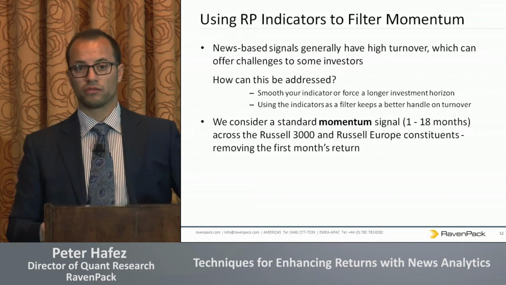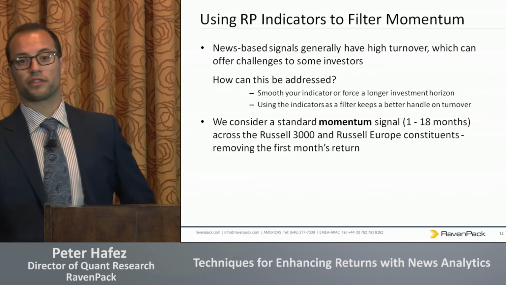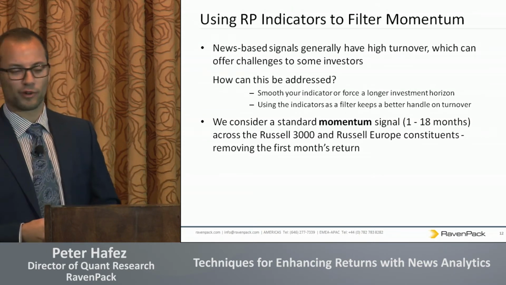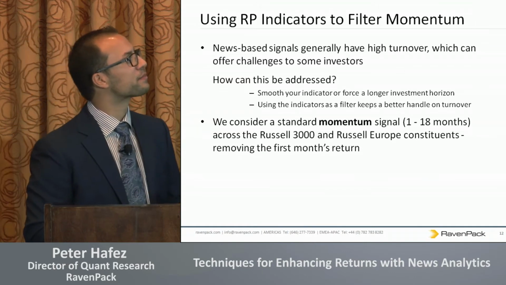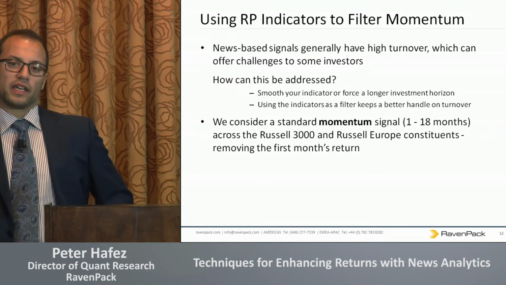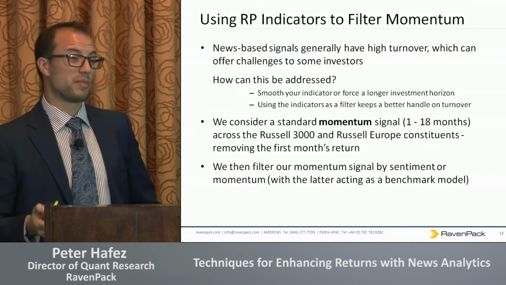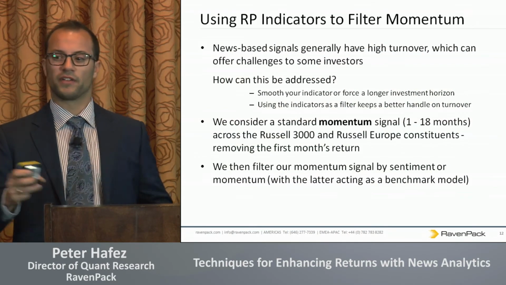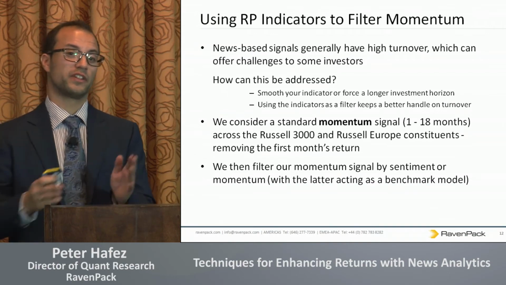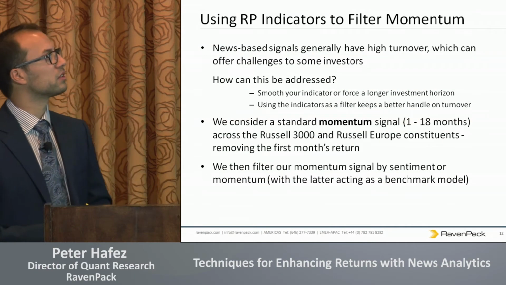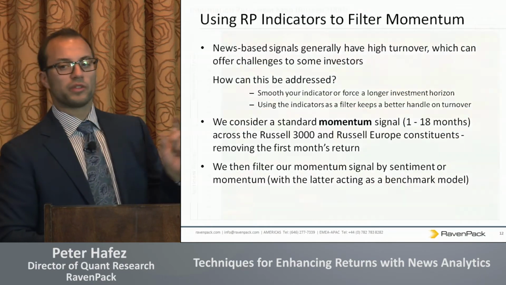And then according to the literature, we remove the first month return from all the different windows, except for, of course, the 1 month formation. We just keep it as it is. And then we create a benchmark first, saying, okay, we could filter momentum by momentum itself. So having, let's say, a 12-month momentum and then filter it by a shorter momentum filter, so a faster momentum signal. And we do that as a benchmark.